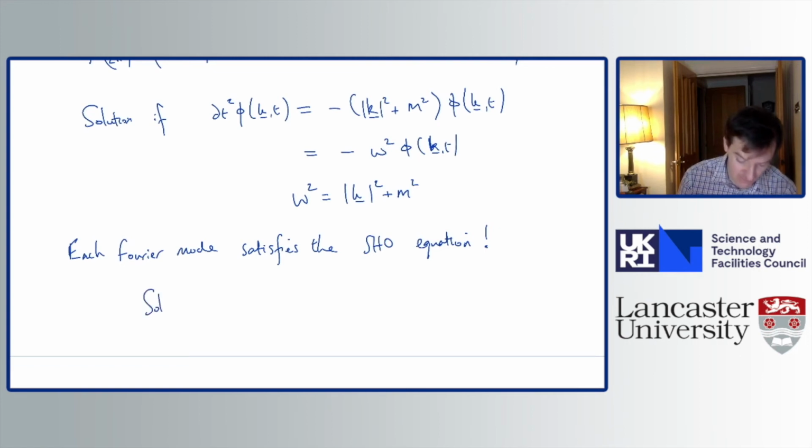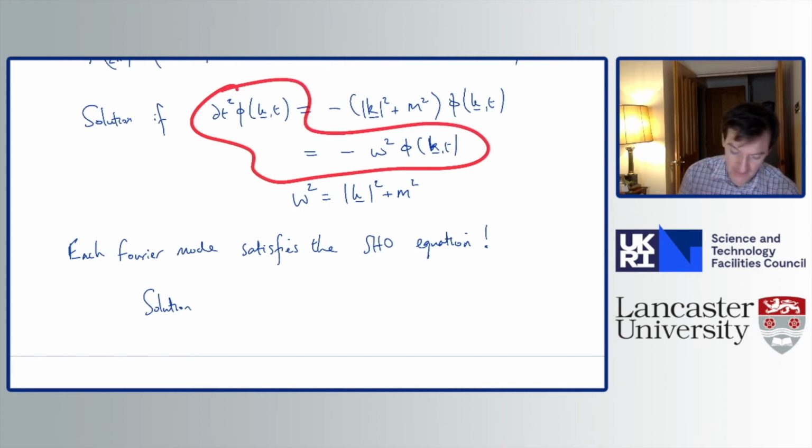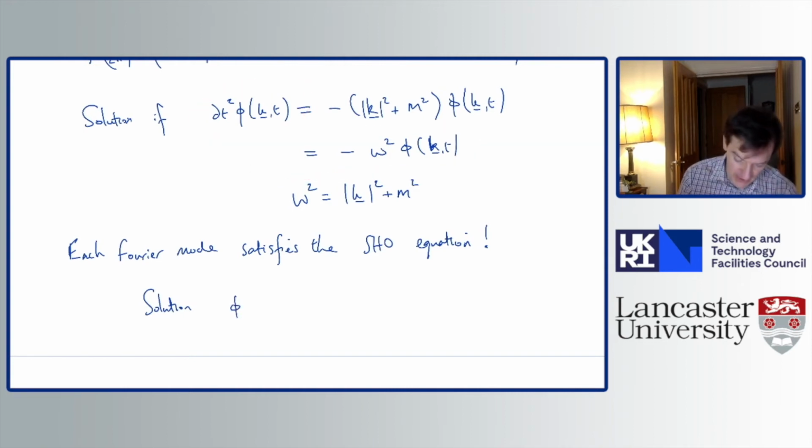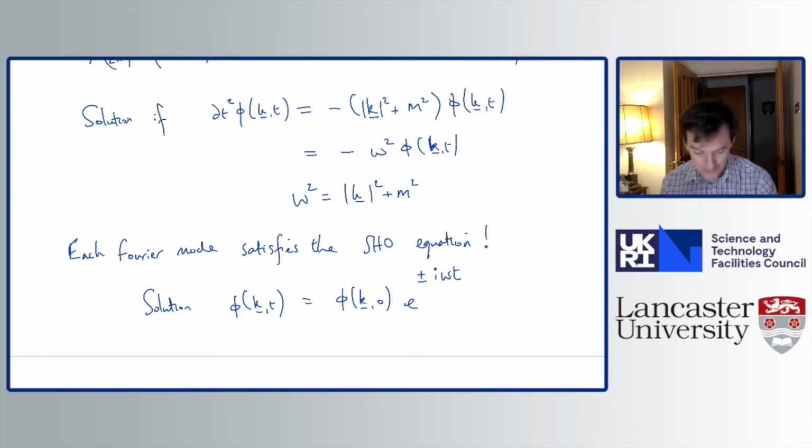So the solution of this equation is simply that phi k of t is phi k at some reference time, let's choose t equals 0, times an exponential. So in general, you'll have e to the plus or minus i omega t.